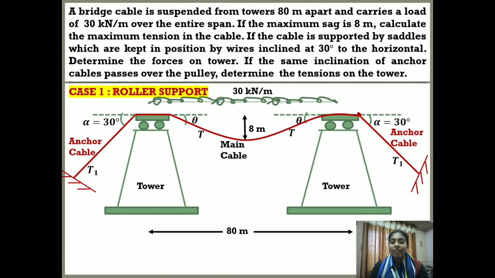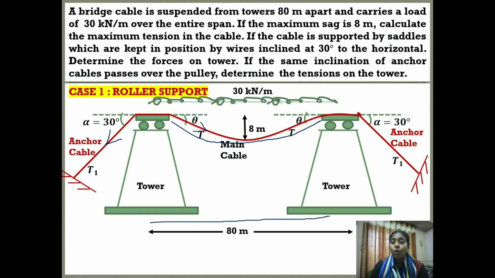See, we have a cable. So this is our cable. This cable has a tension T, and the tension in the anchor cable is T1. Now the maximum dip: suspended from towers 80 meter apart, so the span length is 80 meter.